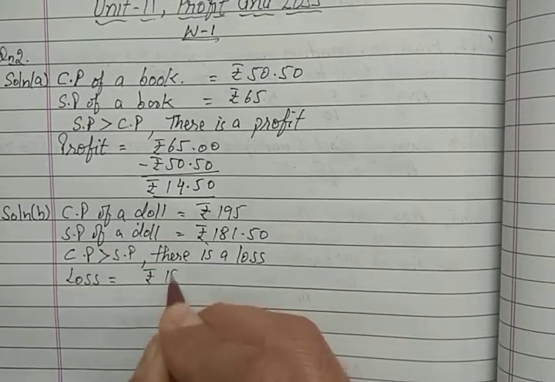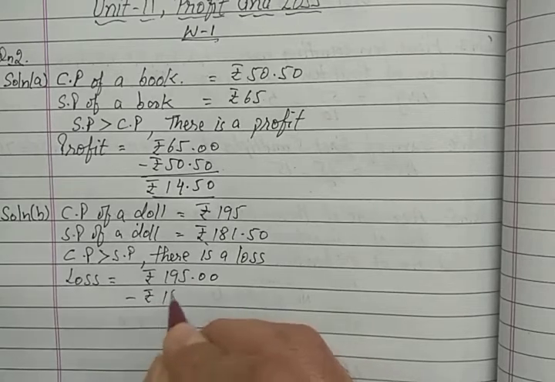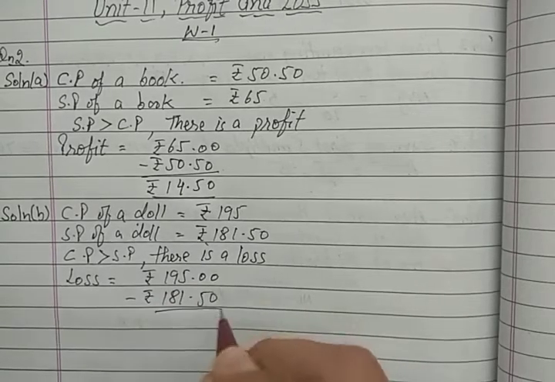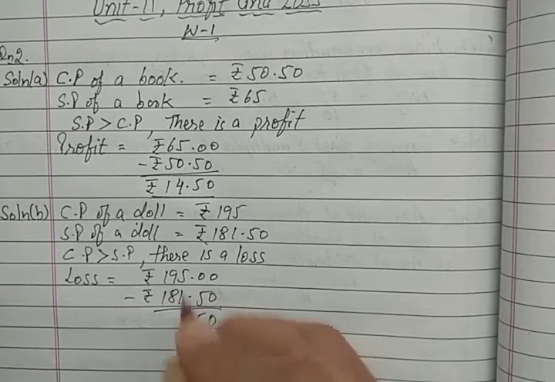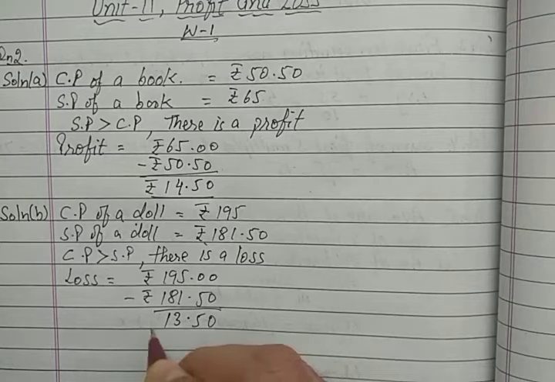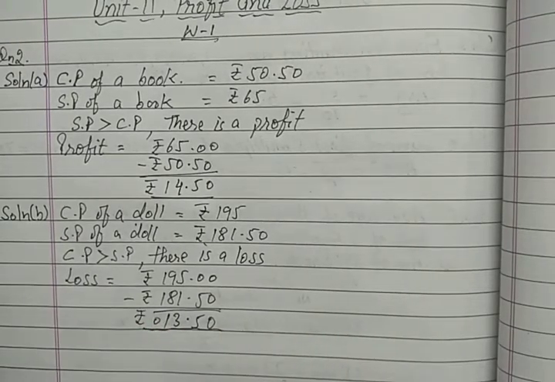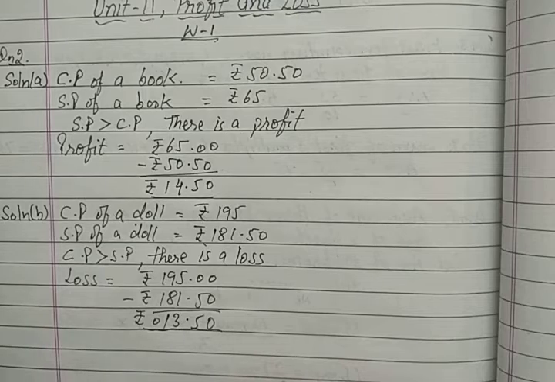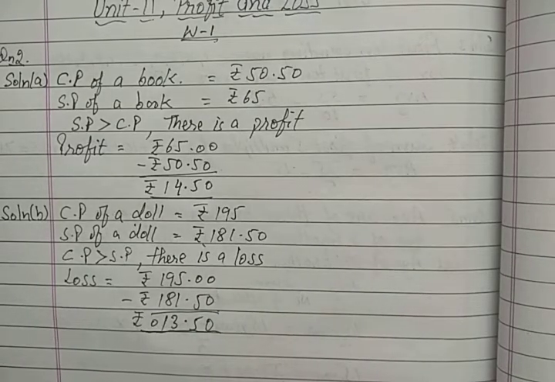So 195 rupees minus rupees 181 rupees 50 paise, subtract it. So what is left is 13 rupees and 50 paise, right? 13 rupees and 50 paise. So there is a loss of 13 rupees 50 paise.